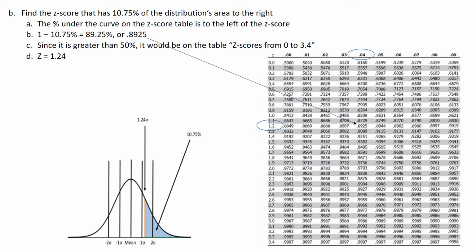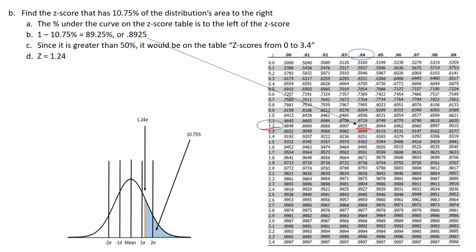And basically, if I look up 0.8925, I can determine the z-score. 0.8925 happens to be where my arrow is pointing, which is right there. And that is a z-score of 1.24.